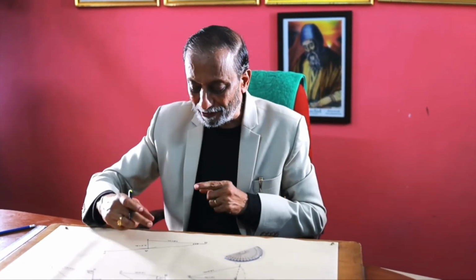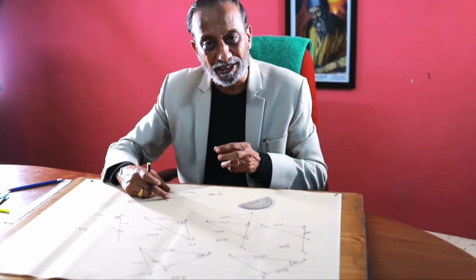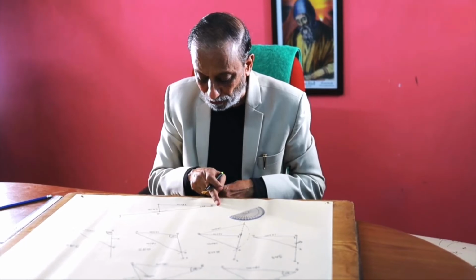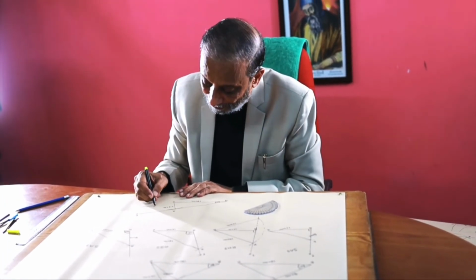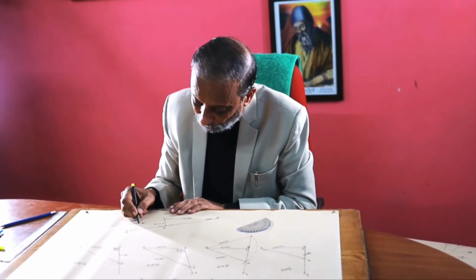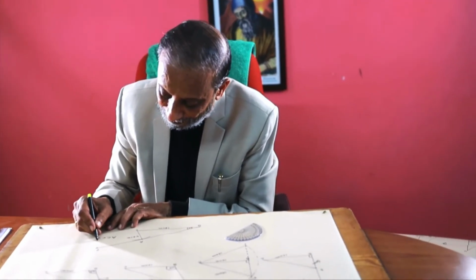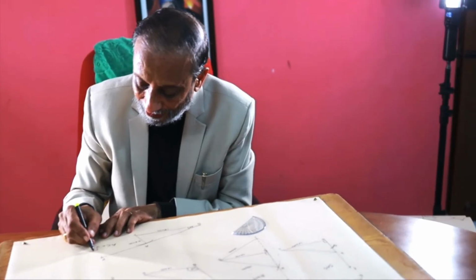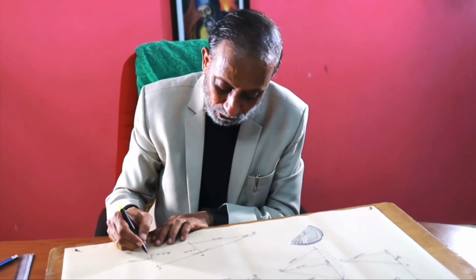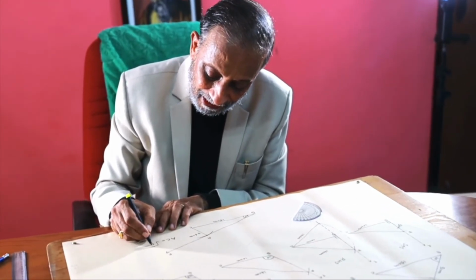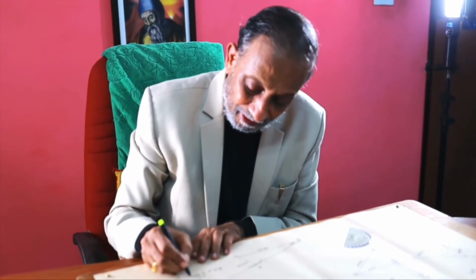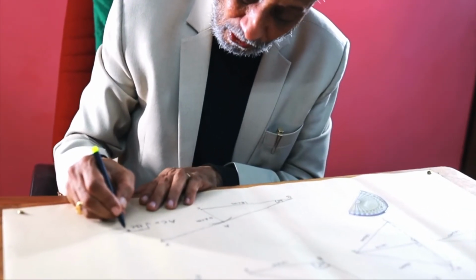It all depends upon this distance. Please come and see here now, friends. If AC is equal to the square root of BC square minus AB square, I will show you in a close up shot.